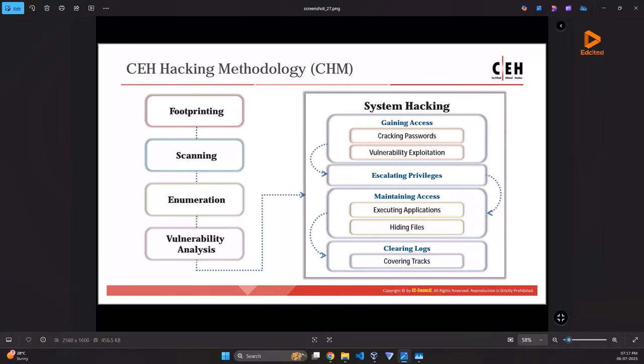So I am trying to identify a vulnerable place from where I could make an attack. In scanning, basically you're trying to identify the places from where you can launch an attack. So scanning and enumeration is basically going to be a combined phase. In this phase, you're trying to identify the weak points.